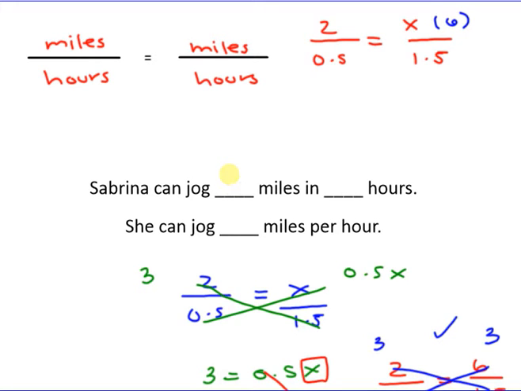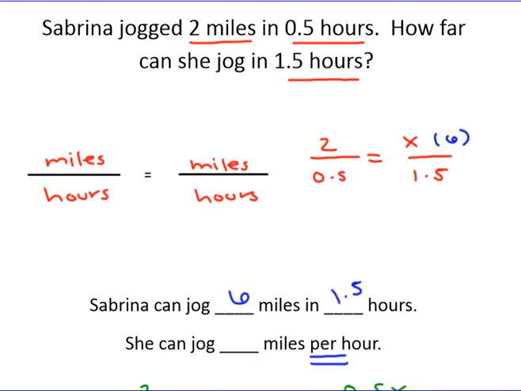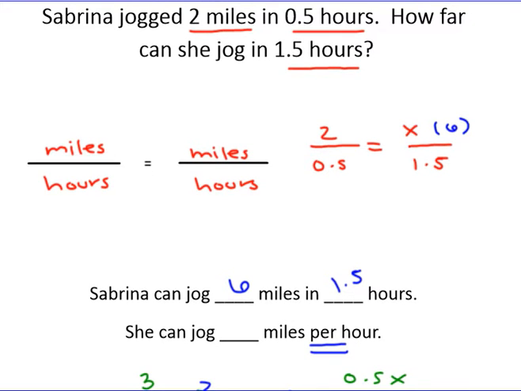So she can jog 6 miles in 1.5 hours. She can jog blank miles per hour. So how many can she jog in 1 hour? Now check this out right here. This is interesting. So we need the denominator to be 1. But here I have it as 0.5 and here I have it as 1.5.